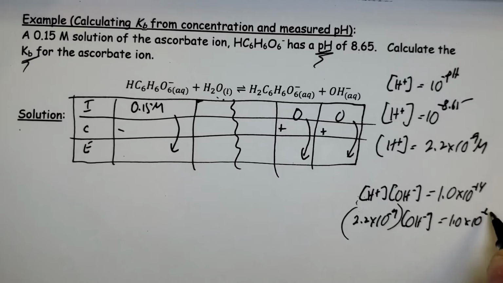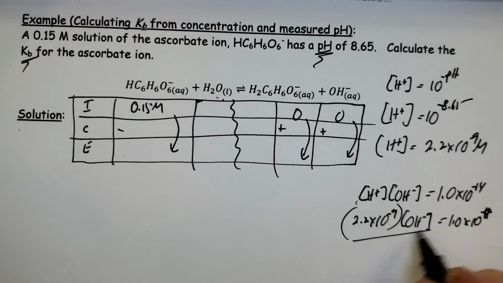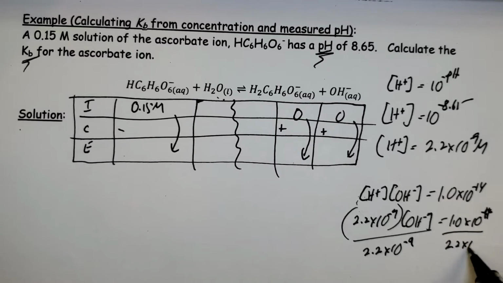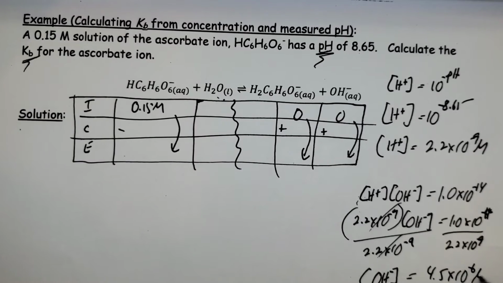So it's a little extra step here for the base question, because we need to know what OH is as opposed to H when we're dealing with acids. So OH works out to be 4.5 times 10 to the minus 6 molar.